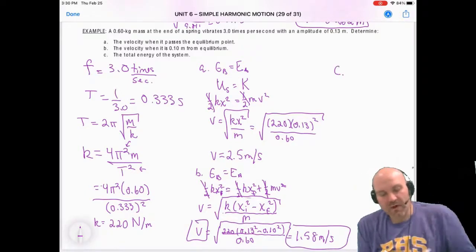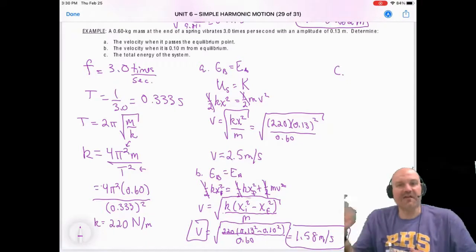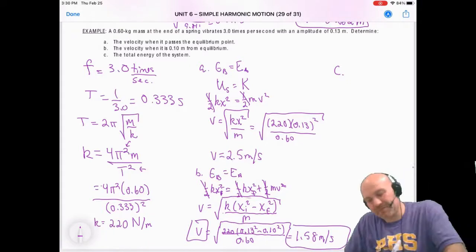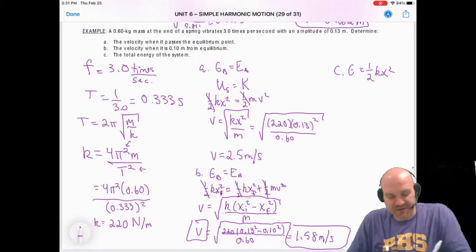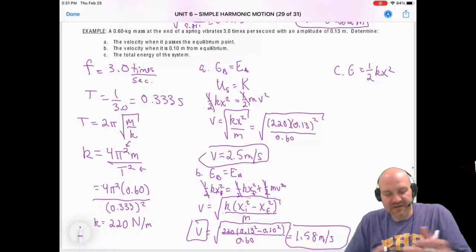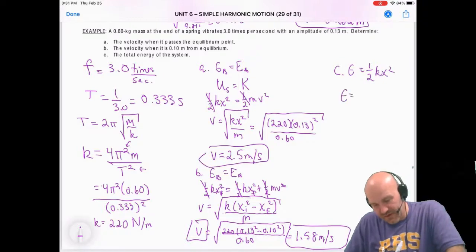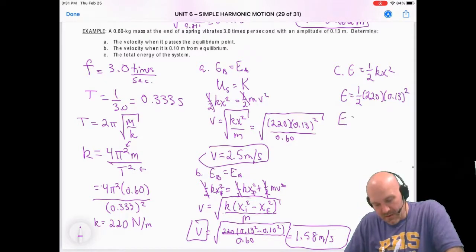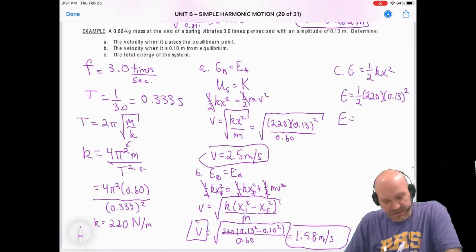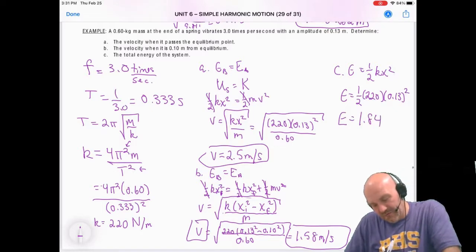Now, part C, what is the total energy? We actually could have done this to start by just simply doing 1/2 kx², right? But we could also do the two velocities, right? But let's just do 1/2 kx². So 1/2 times 220 times 0.13², and it's going to be a total energy of 1.84 joules.